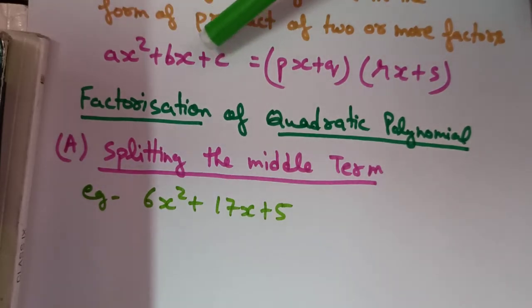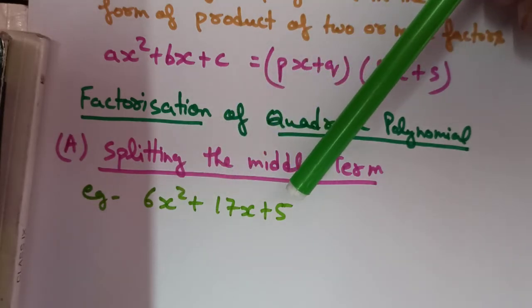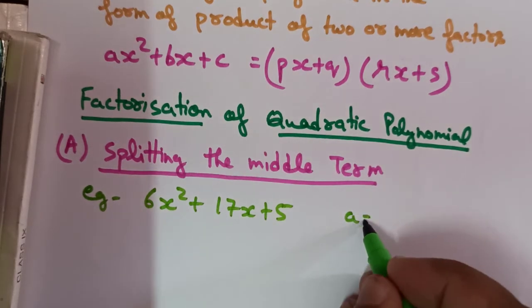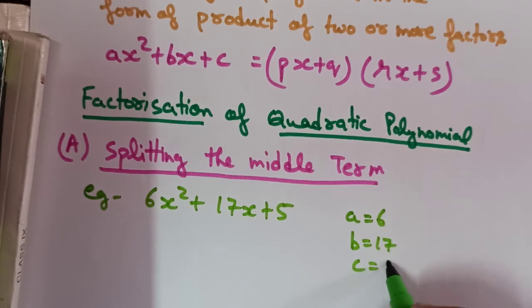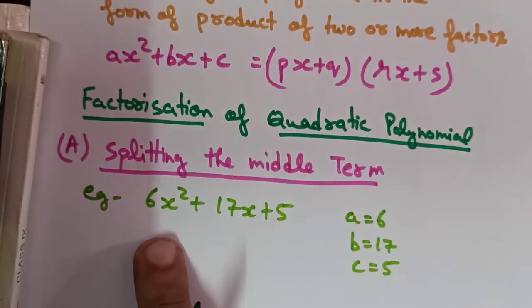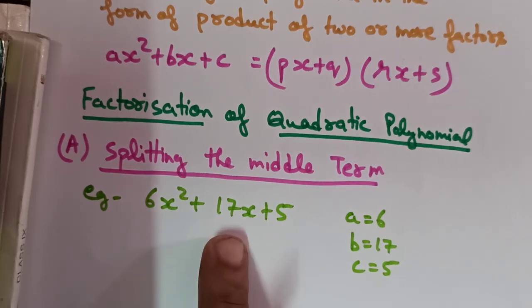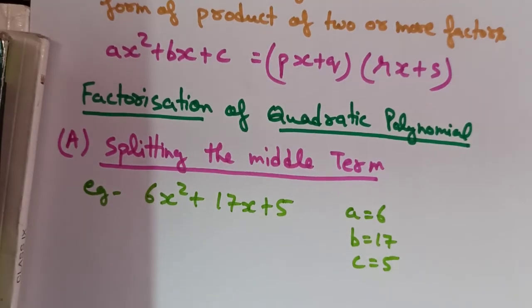If we compare this general form, ax square plus bx plus c, with 6x square plus 17x plus 5, we get the values of a, b and c. The value of a is 6, the value of b is plus 17, and the value of c is plus 5. ax square is 6x square, so a is 6, bx is 17x, so b is 17, and c is 5.